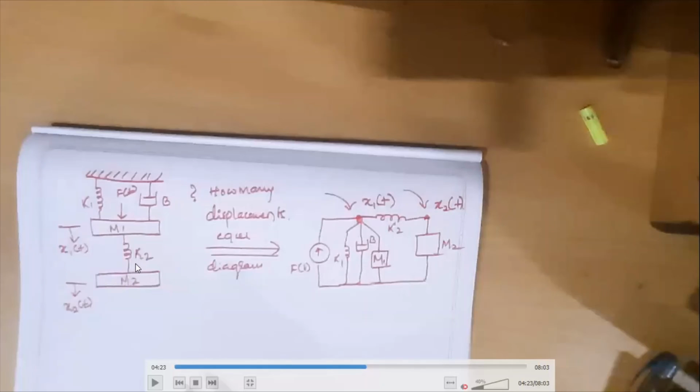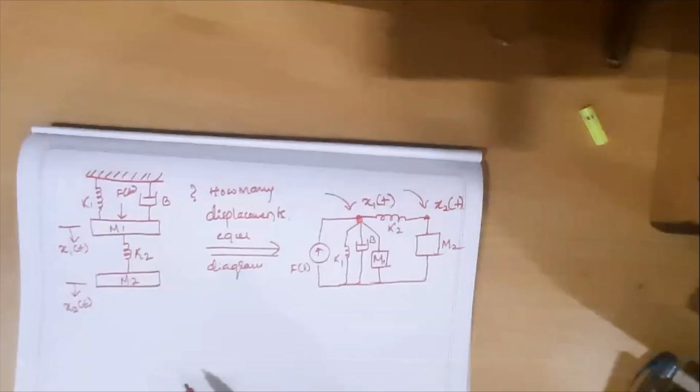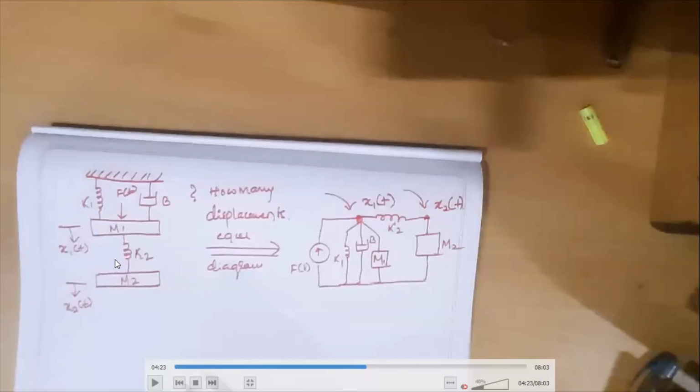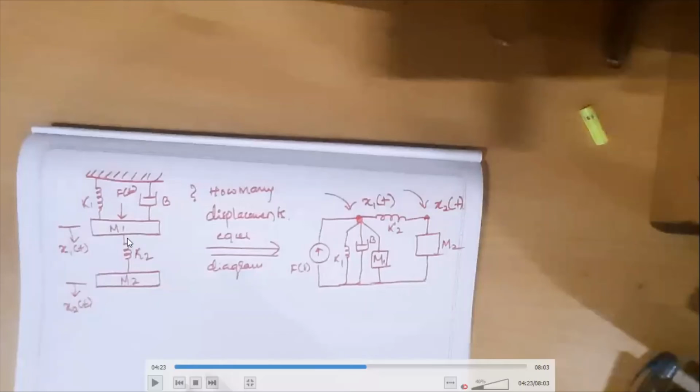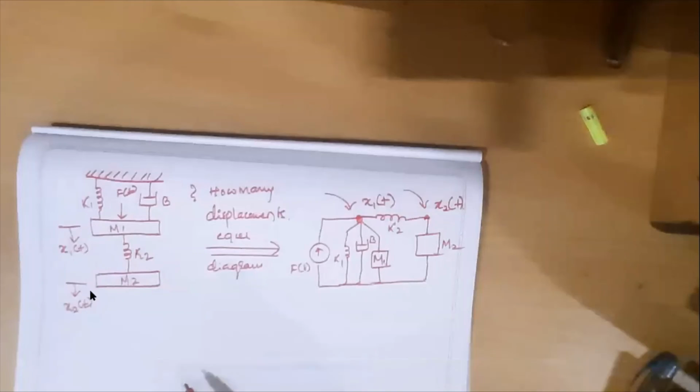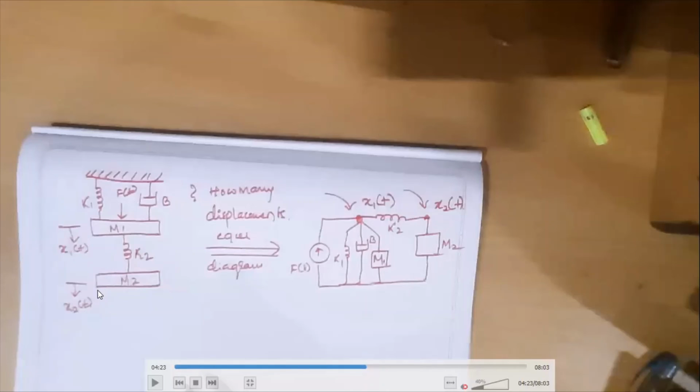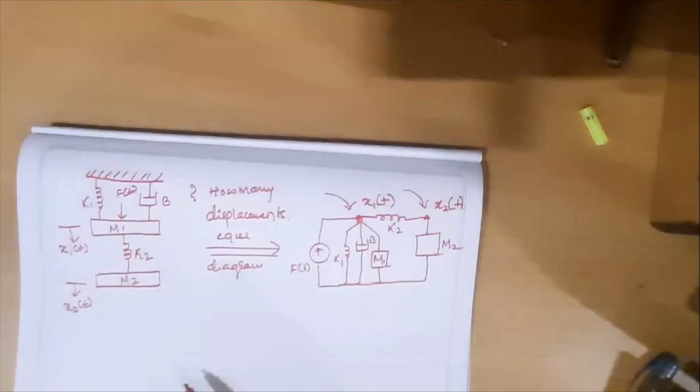When we consider k2, the displacement of k2 is now referred to as relative displacement. Therefore, the relative displacement, as I said earlier, is the difference between these two displacements.